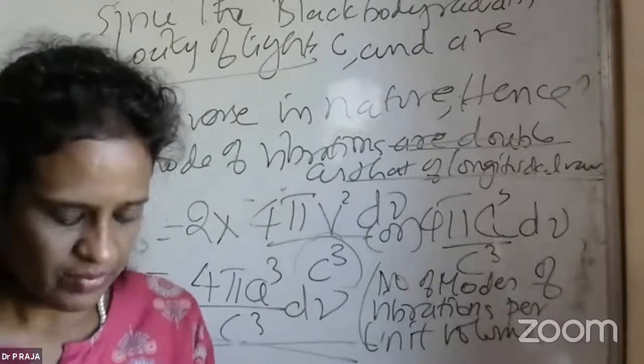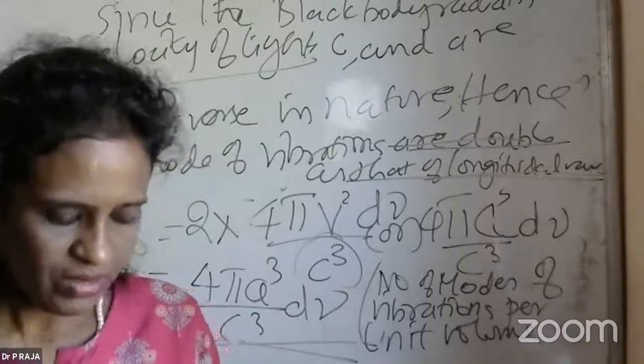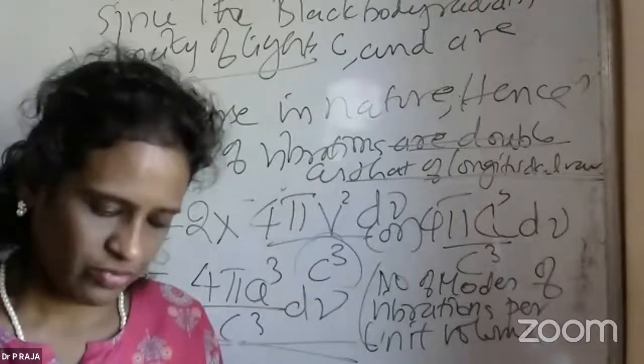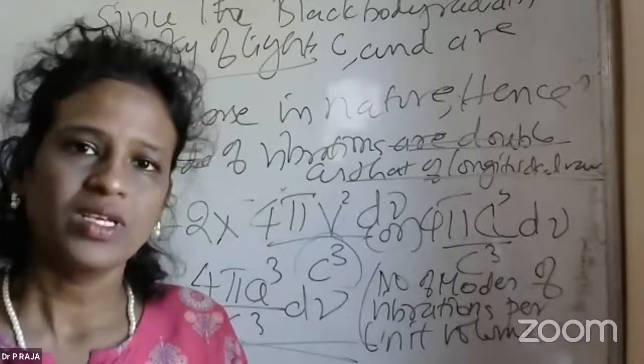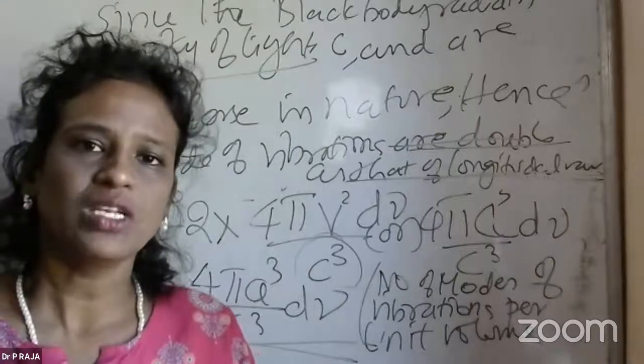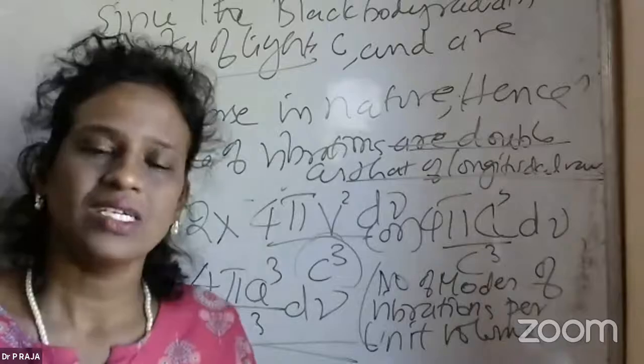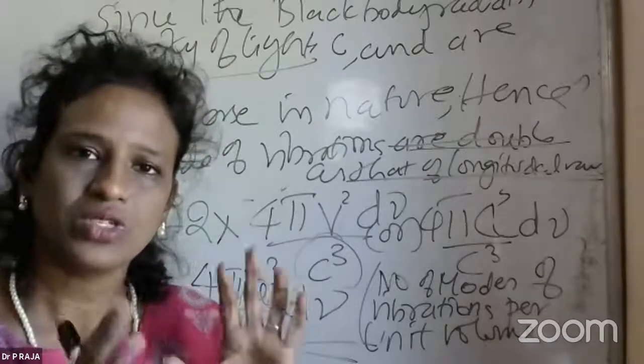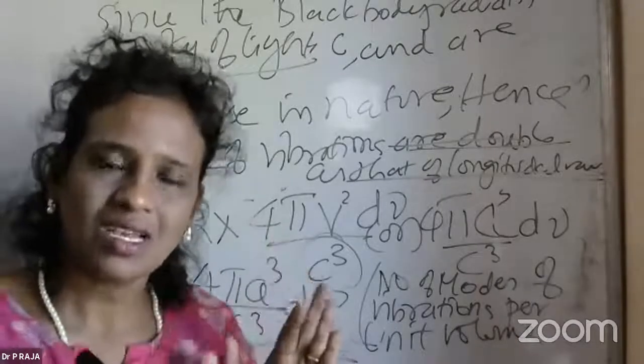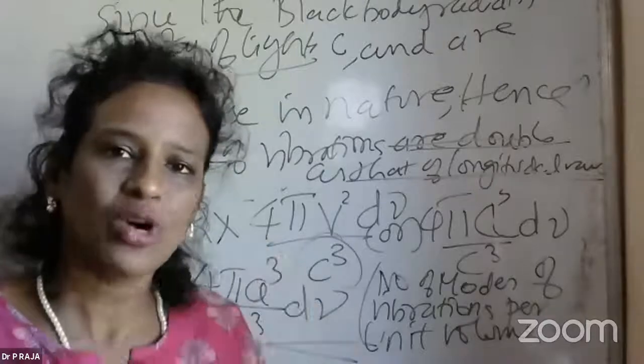I will repeat just. Now we have started with the calculation of the number of resonators per unit volume within the frequency range of nu and nu plus d nu. Initially we take n1 and n2 in 2 dimensions with a circle, and we calculate the area of one quadrant.